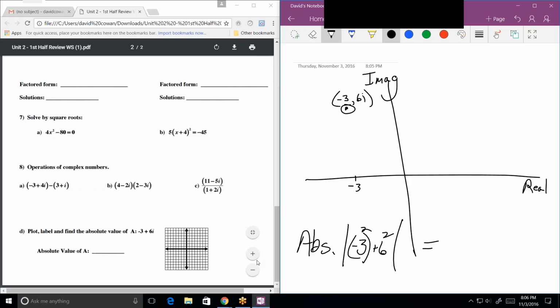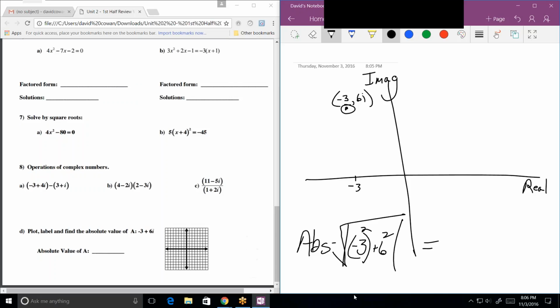The absolute value equals the square root of a squared plus b squared. Well, that's 9. That's 36. So it's the square root of 45. What does that simplify to? 3 root 5. Because it's really square root of 9 times square root of 5, and then the square root of 9 becomes a 3.